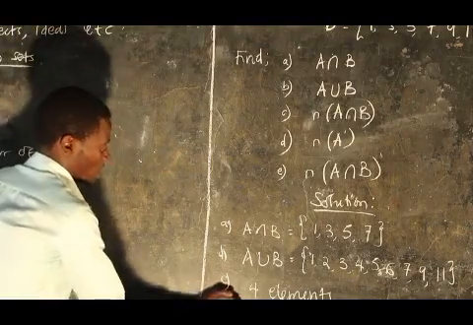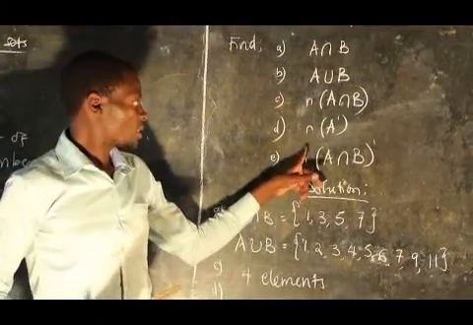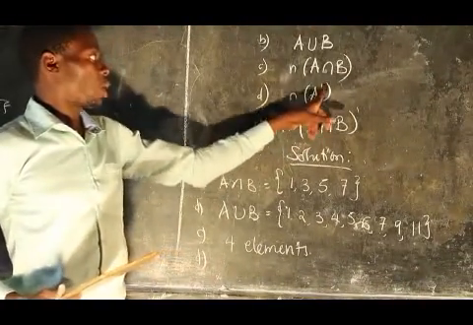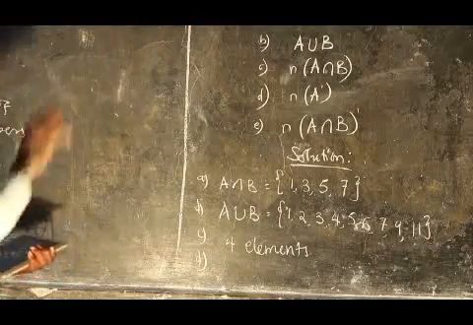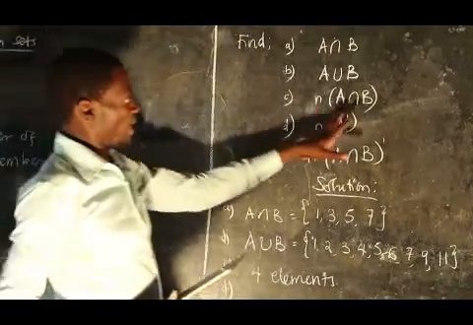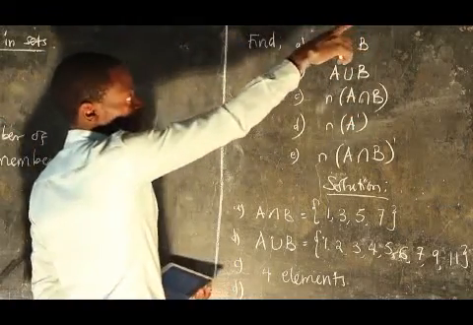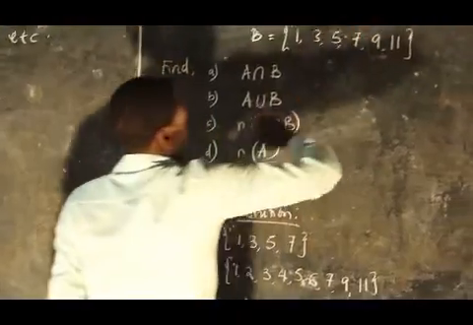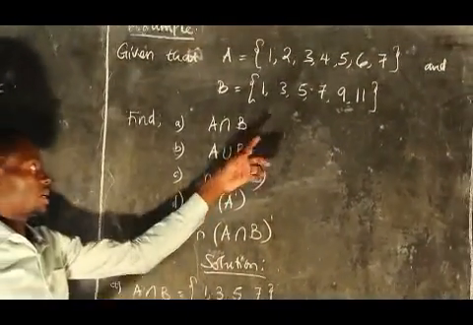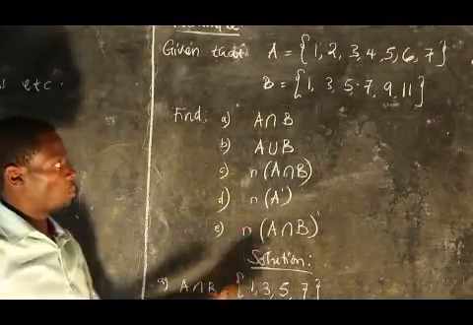We go to D. For here, our D, they want the number in A complement. Now I told you A complement, we write everything except elements of A. So A complement, we can identify from there that we are going to write everything which is here except those ones in set A. So here we want the number of elements in A complement.